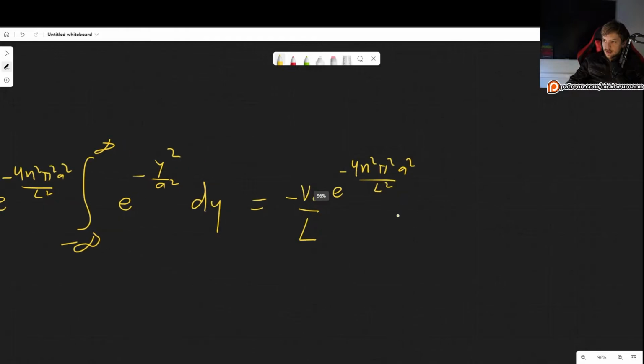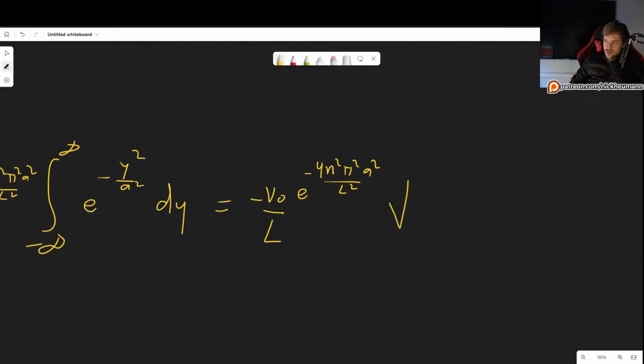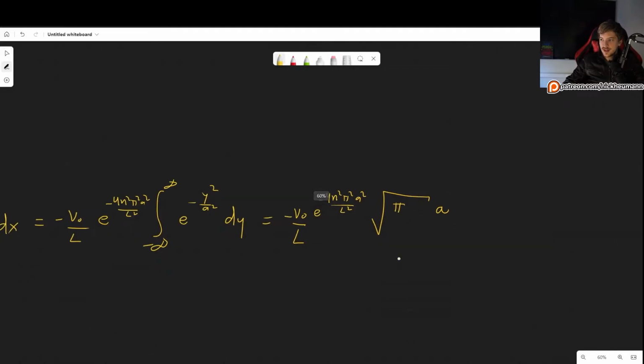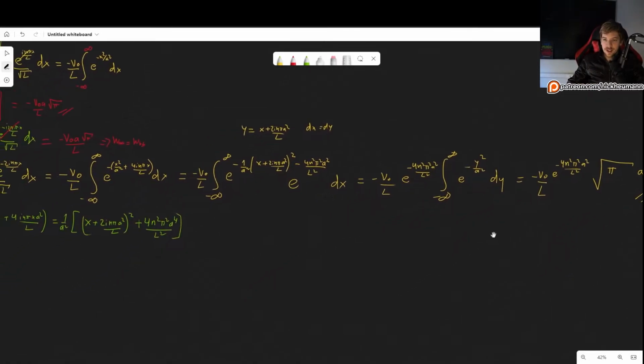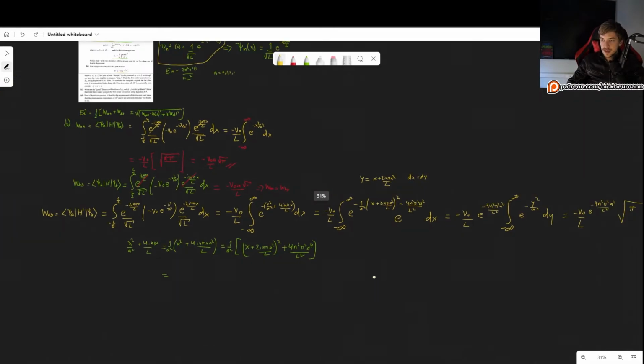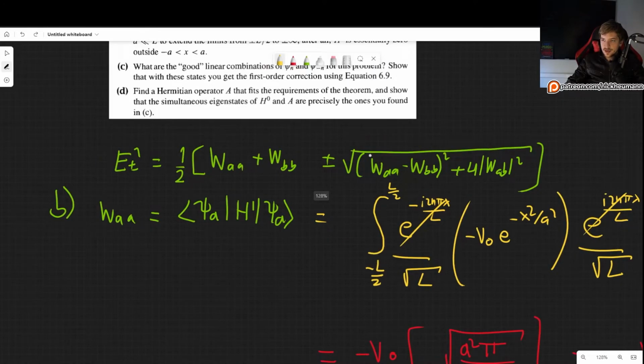And then we have square root of pi times a squared, which we can simply take out, so pi times a. And there we have it. This is WAB. So now we have everything we need to plug into this equation.